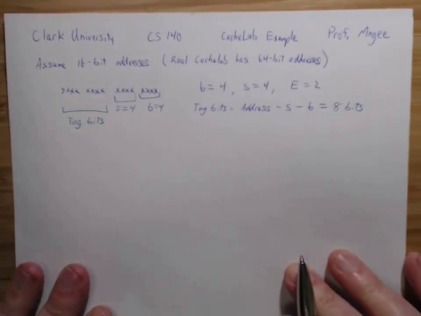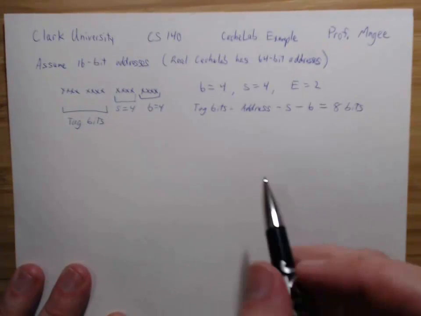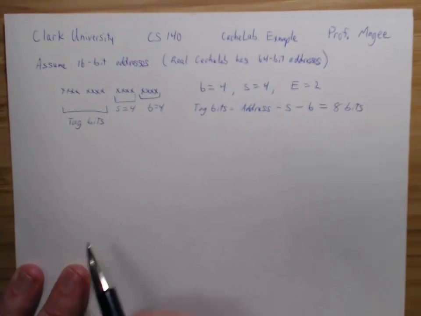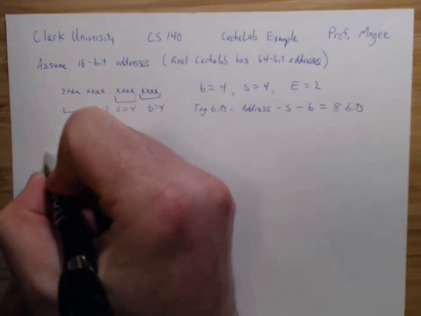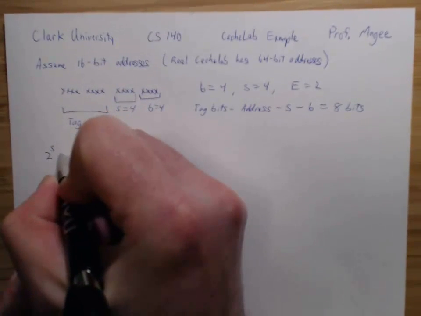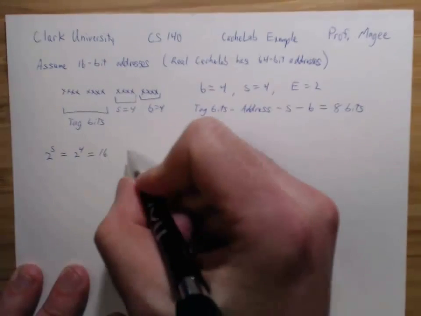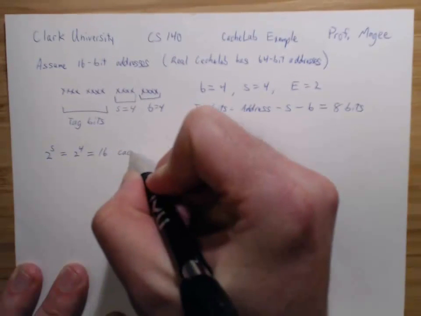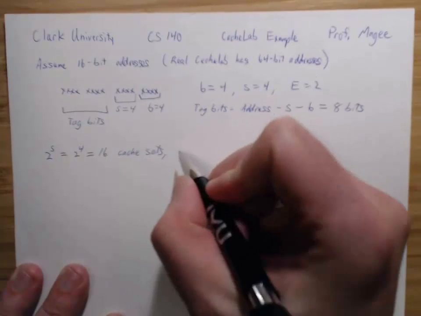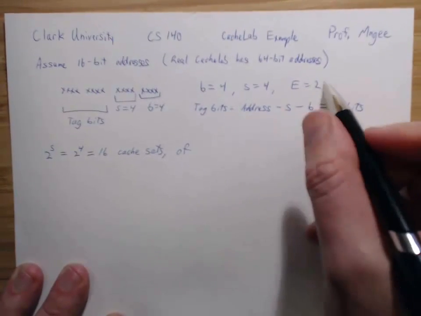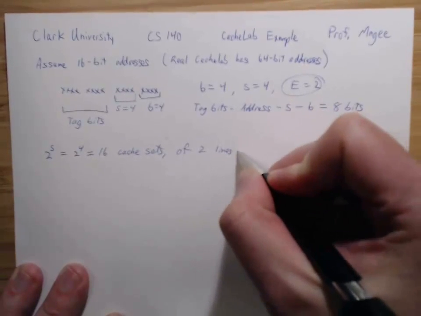So what we need to do is build our cache. And so the main thing we're interested in here is S. There's 4 bits for the set. And so we need 2 to the S, which is 2 to the 4, is 16 cache sets, and then of 2 lines each.